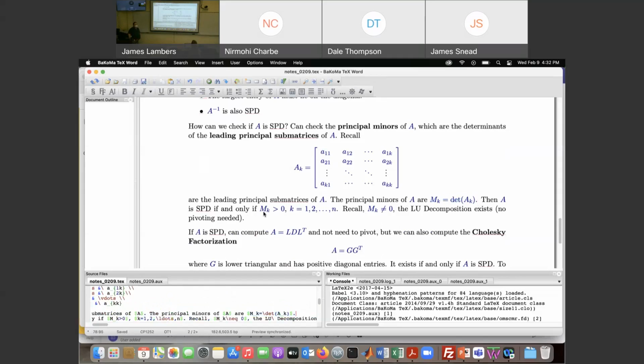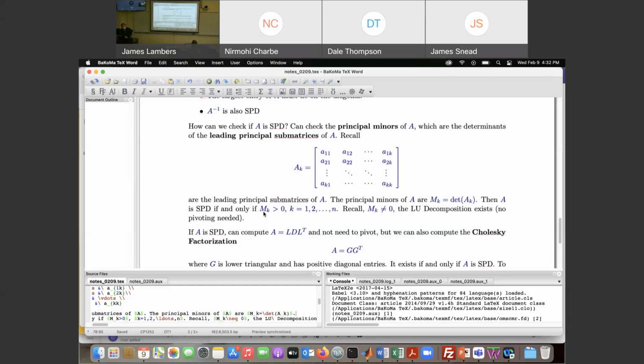We came across principal minors before because what I stated was that A has an LU decomposition if and only if all the principal minors are non-zero. So what that means is, if you have a symmetric positive definite matrix and you want to use Gauss elimination on it, you never need to pivot.